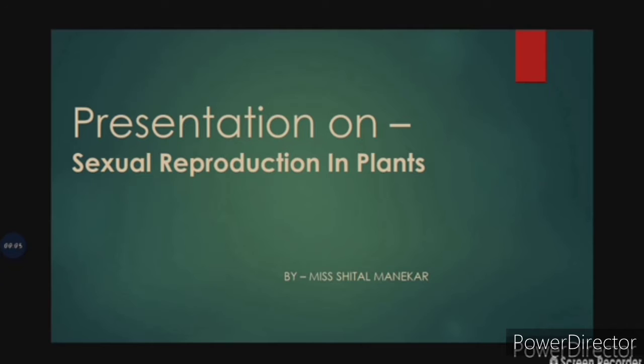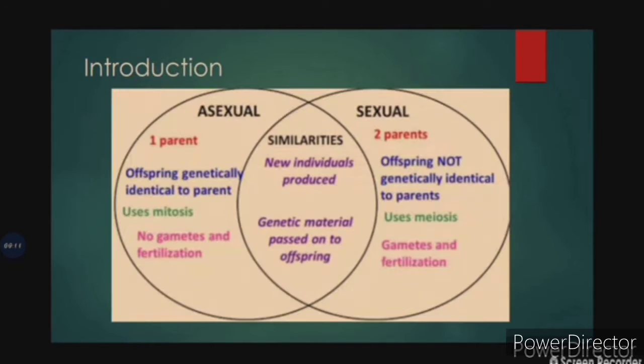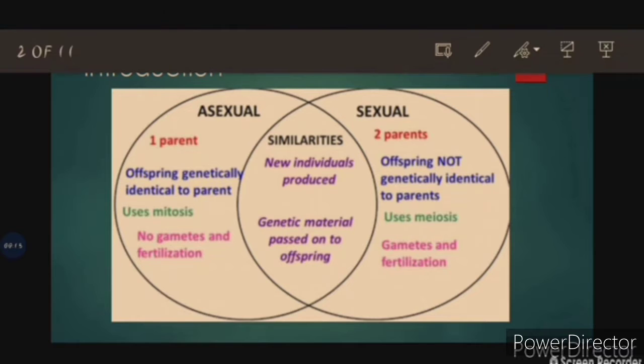But before going to sexual reproduction in plants, we'll first study the difference between sexual and asexual reproduction. These are the differences. In sexual reproduction, two parents are required, whereas in asexual reproduction, only a single parent is required.